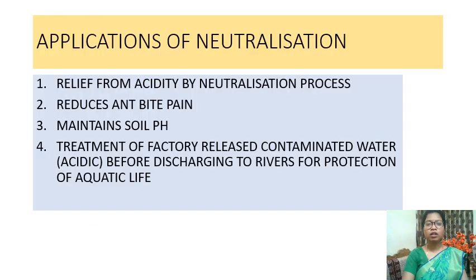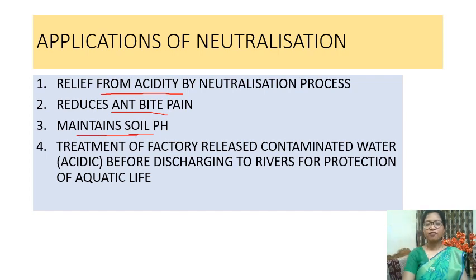Now, what are the applications of neutralization? Some uses in daily life are: when we have acidity, it gives relief, and when we have pain because of an ant bite, it also reduces the pain when applying certain kinds of materials. And when the soil pH is lowered or when it is high, by neutralization reaction we can maintain the soil pH.